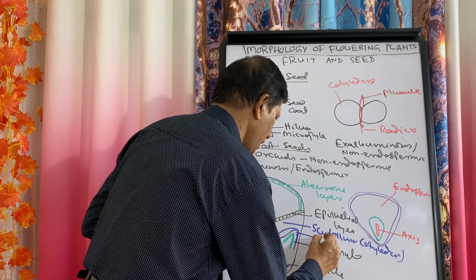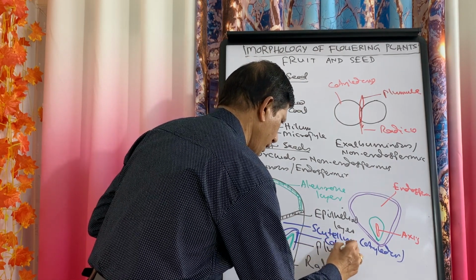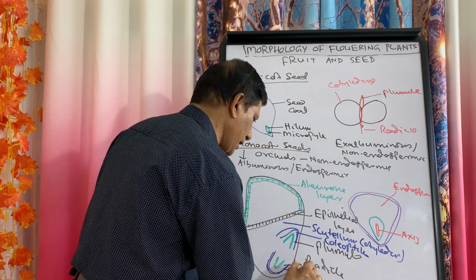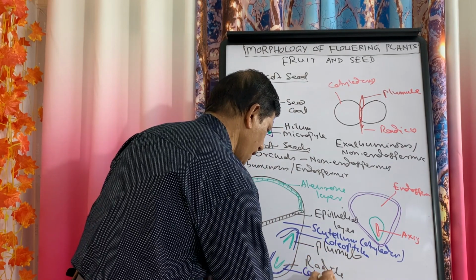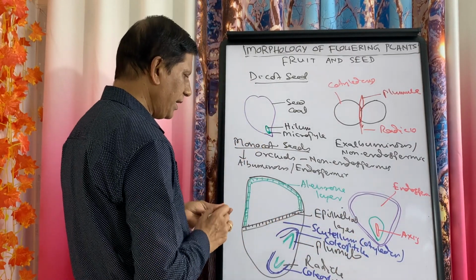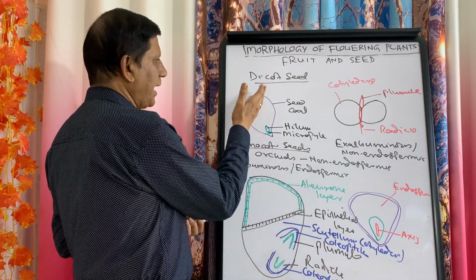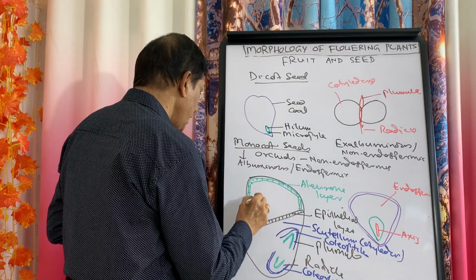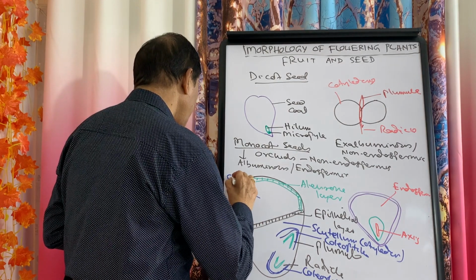So this is the coleoptile, and the radicle is protected by coleorhiza. So this is the diagram of the monocot seed, and this is the endosperm.